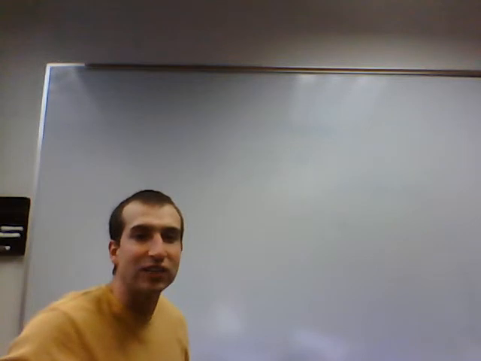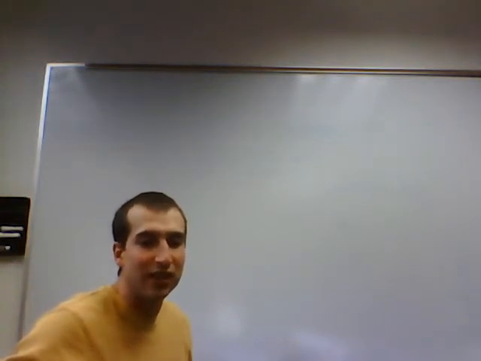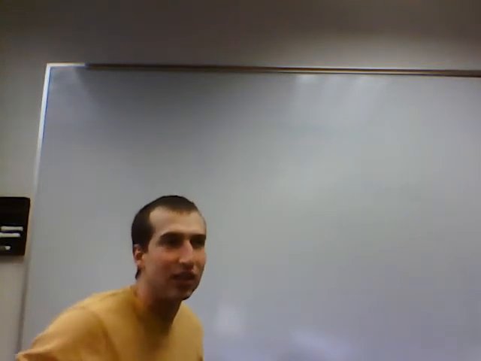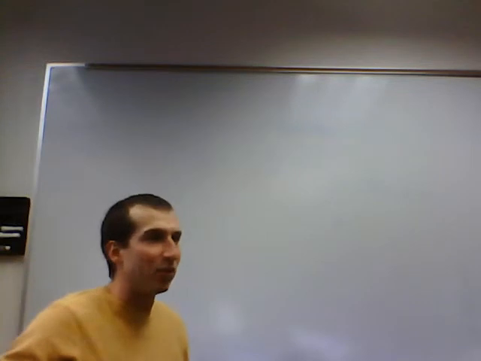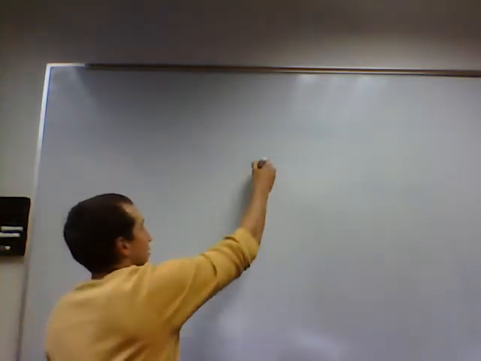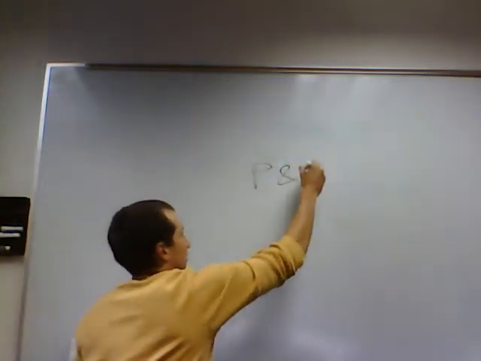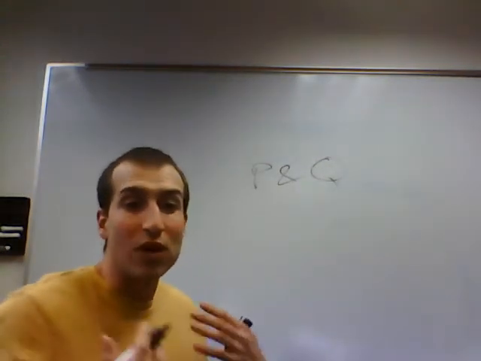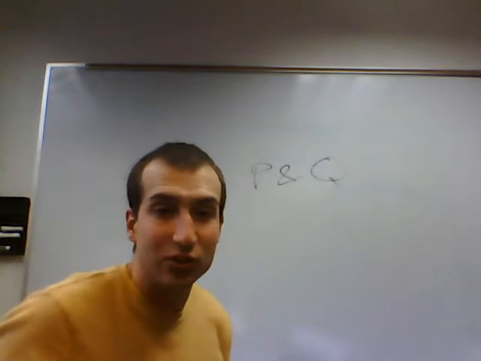So some of the more interesting work that we can do with truth tables is assess more complicated propositions. So we'll take the example of P and Q. How can we assess in what conditions P and Q is true?